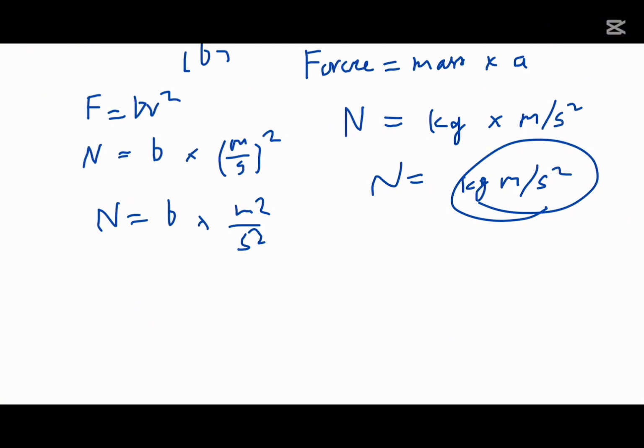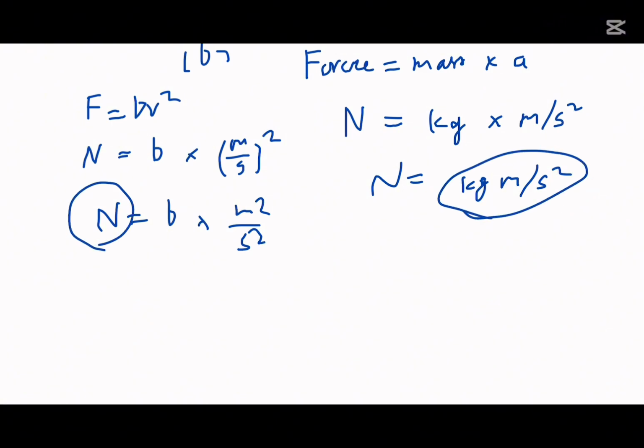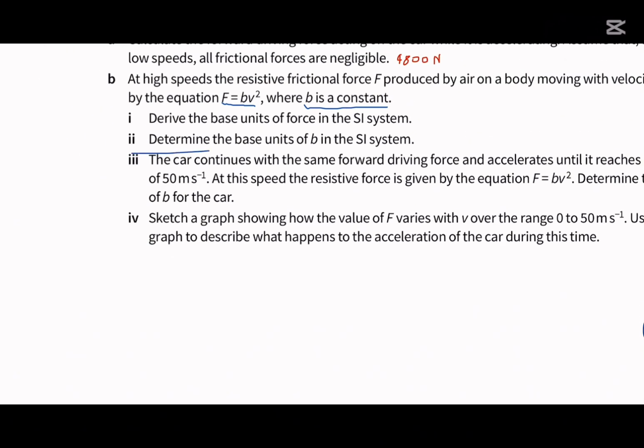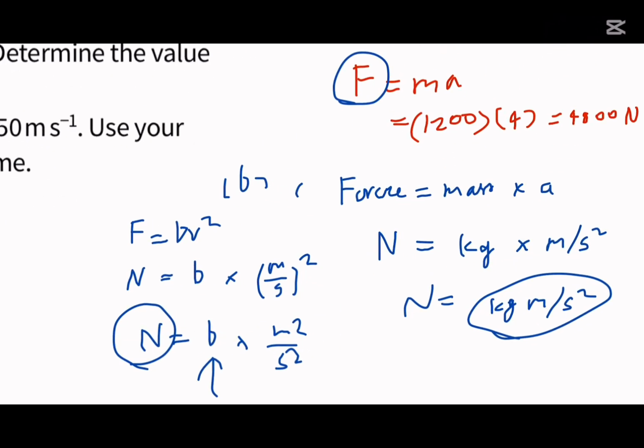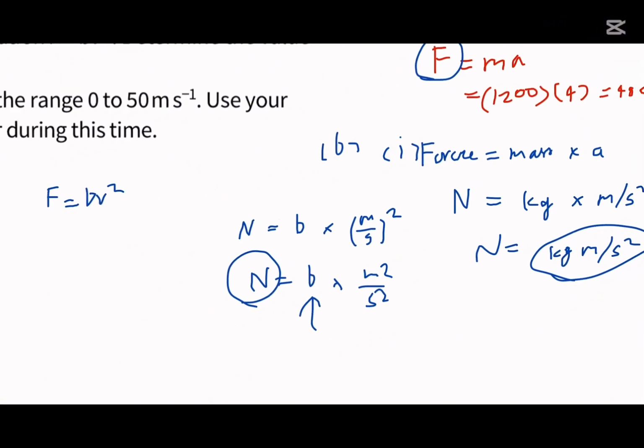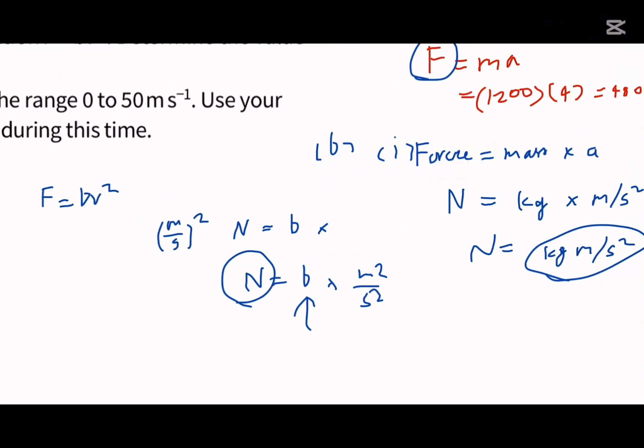I need to get this as newtons, so I need to derive the units for b, which is question number 2. So this was question number 1, and this will be question number 2.